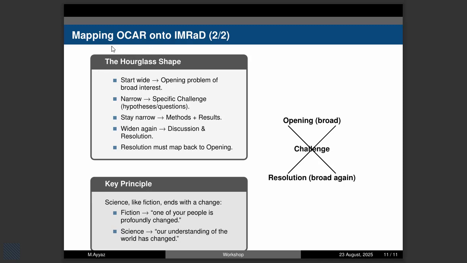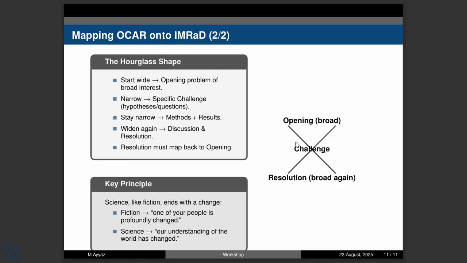So how do we map the OCAR structure into IMRaD? Our research paper should adopt an hourglass shape. First, we have to introduce the topic, its characters, and the context.